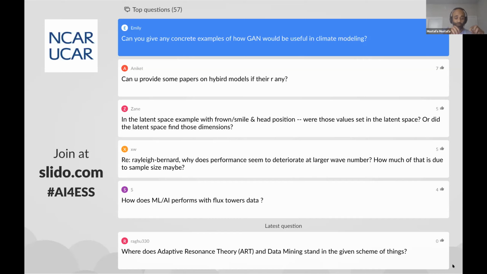Once you have a GAN where every single point in the prior space goes to a spatially meaningful and physically coherent spatial data point, then I can try to do, for example, temporal modeling in the latent space. And that's something that we are working on.